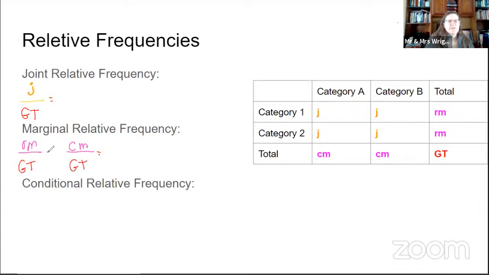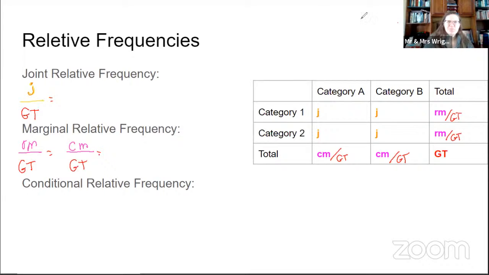And that's how you're going to find your marginal relative frequency. So you're going to have this column marginal frequency divided by grand total, okay? Or you can have the row marginal frequency divided by the grand total. And that's how you're going to find the marginal relative frequency.